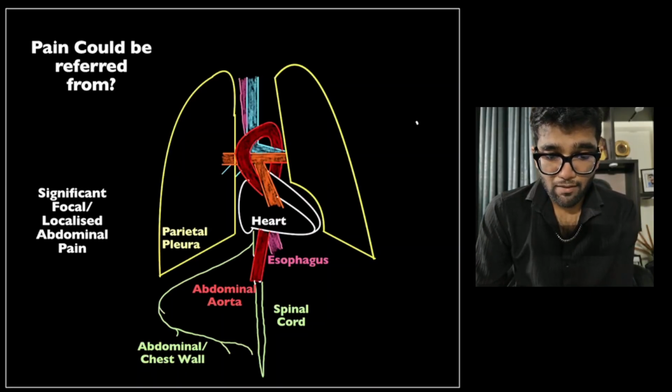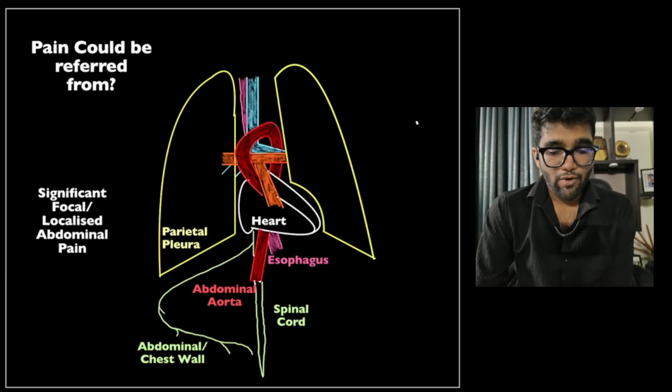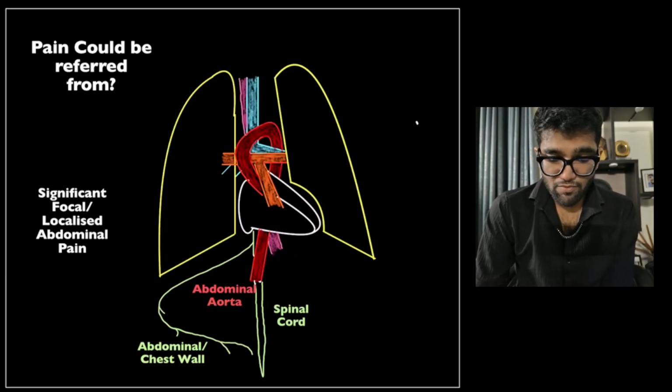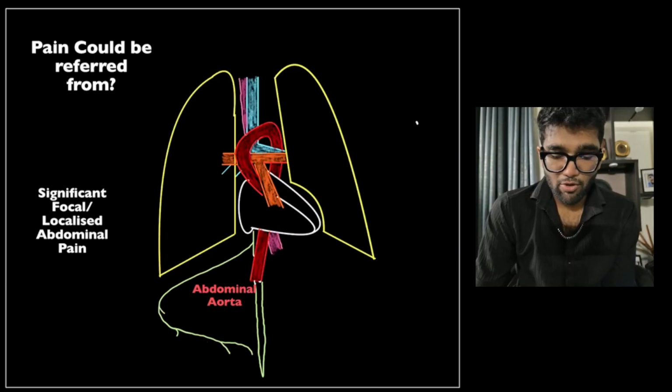So they require to be discussed together due to their clinical presentations. Okay, so moving ahead. So these are the structures from which you could get referred pain into the abdomen.